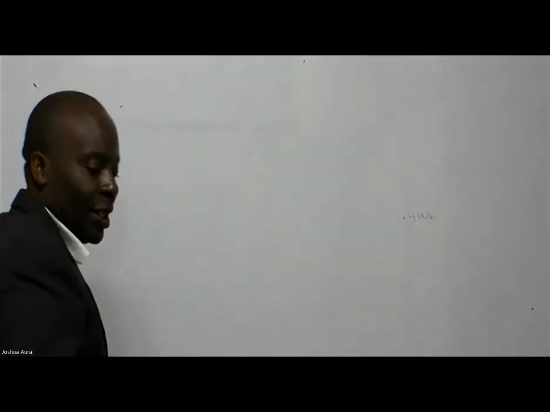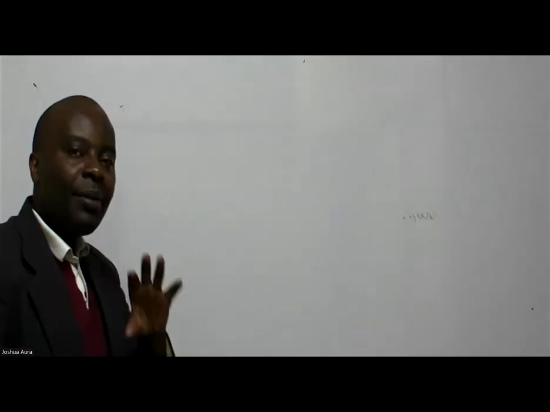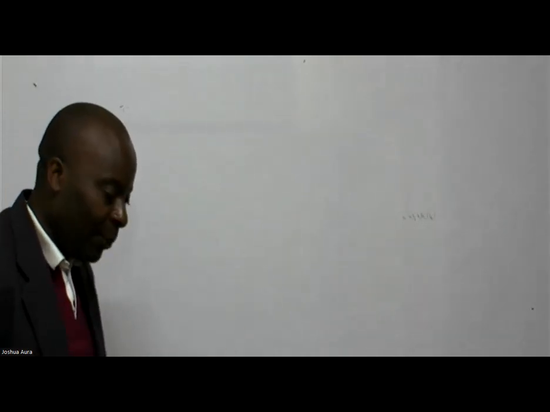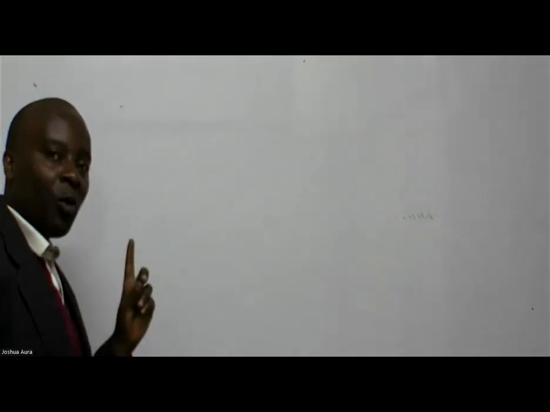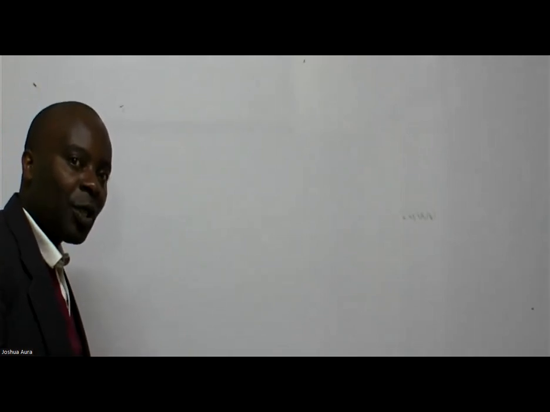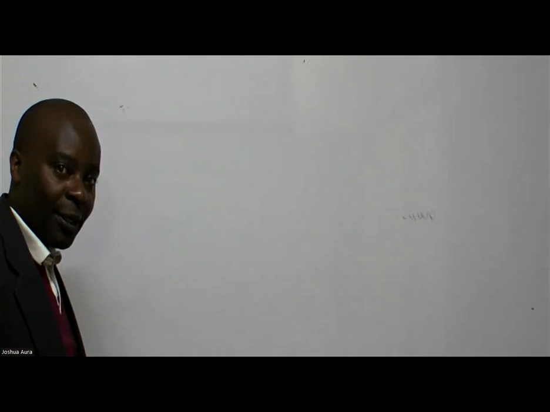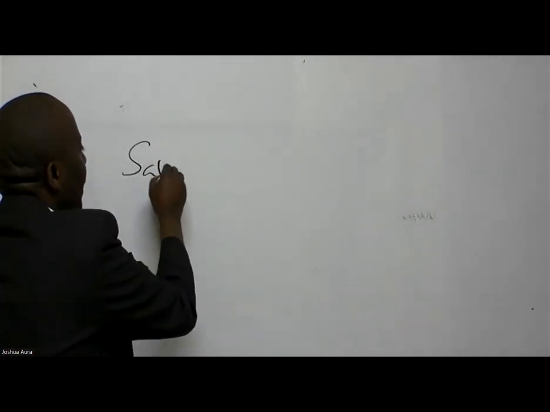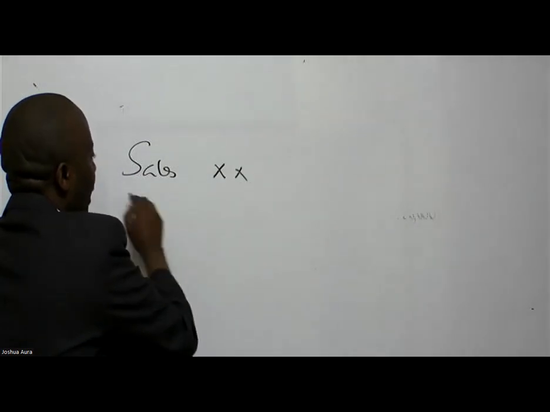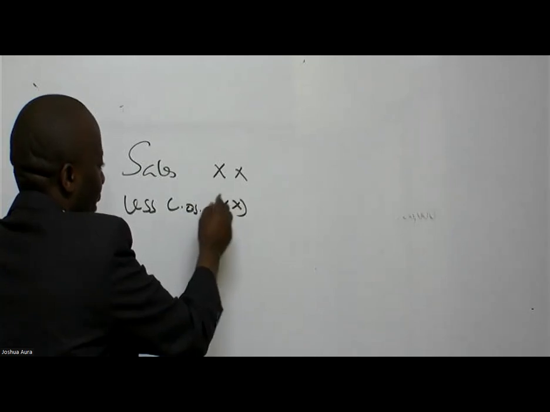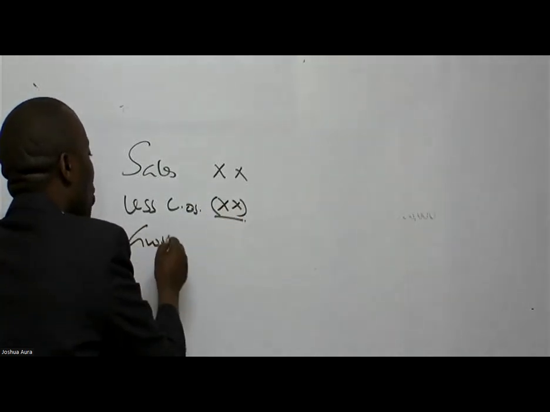So when I prepare the tax, the same tax figure will find its way to the financial statements. It will find its way, for example, to the income statement, to the statement of financial position, to the cash flow statement, right? So when I'm auditing, I'll be looking at things like the sales figure, less the cost of sales figure, so we have our gross profit.